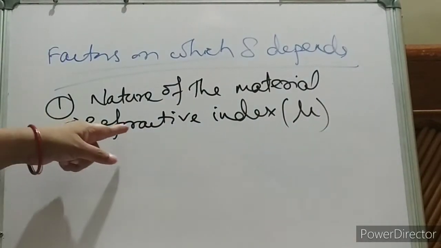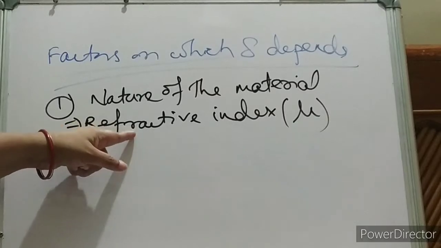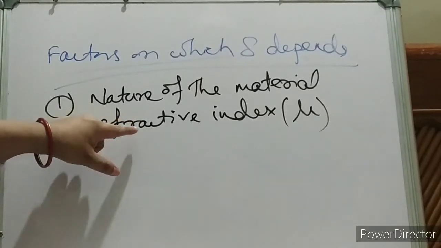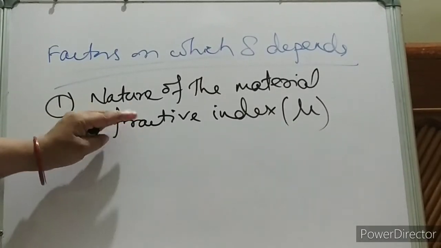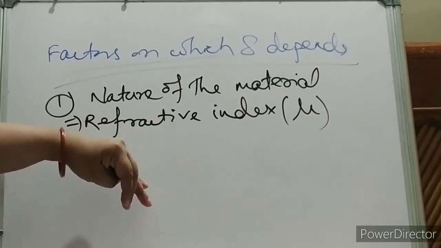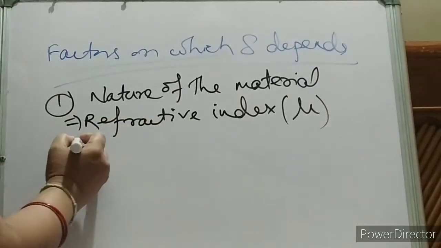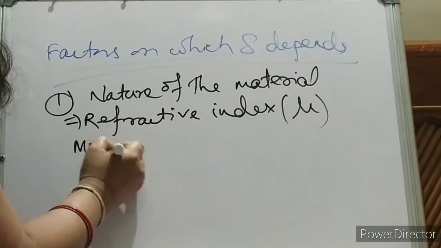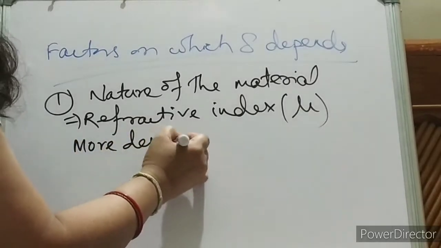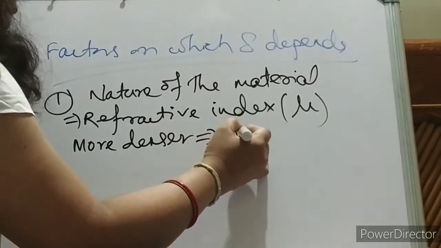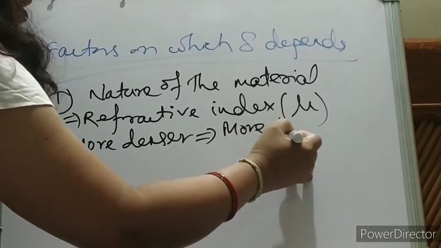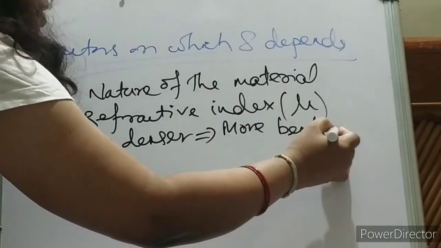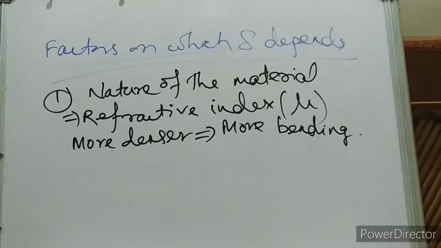See, what is this refractive index? Which information is it giving? Refractive index is telling us how much the light ray is bending. The denser the medium is, the more is the bending. This thing we have already discussed in our previous lectures.